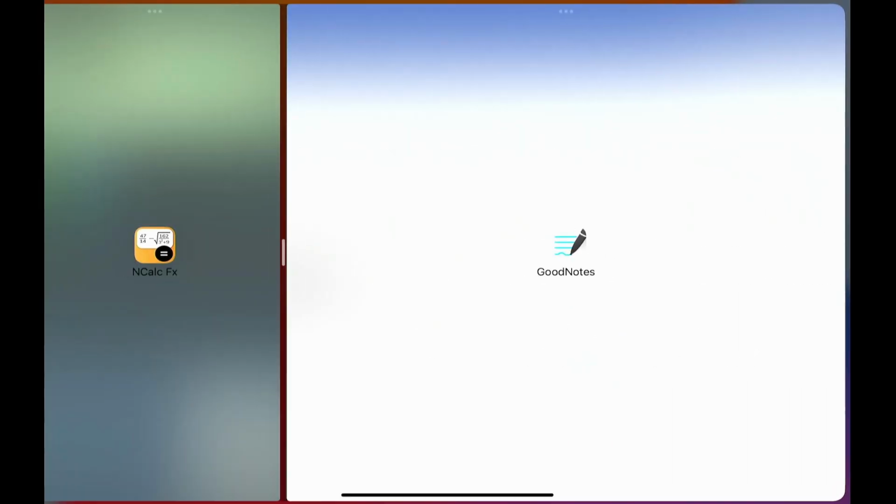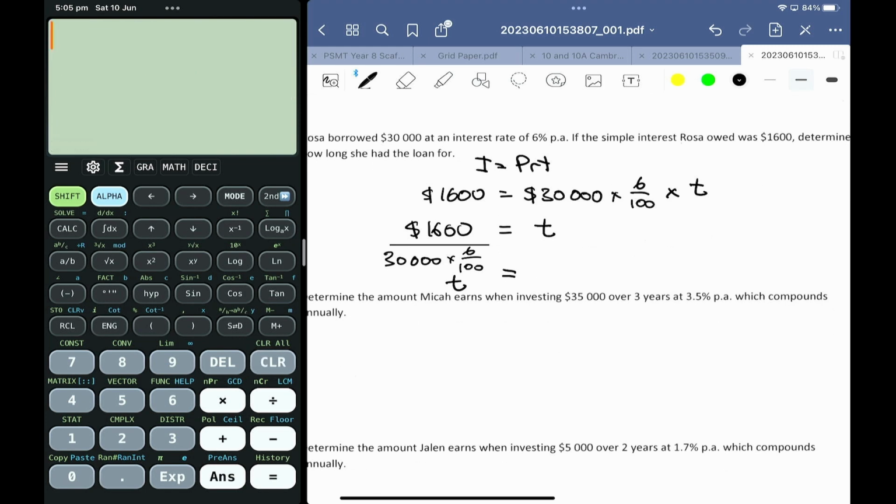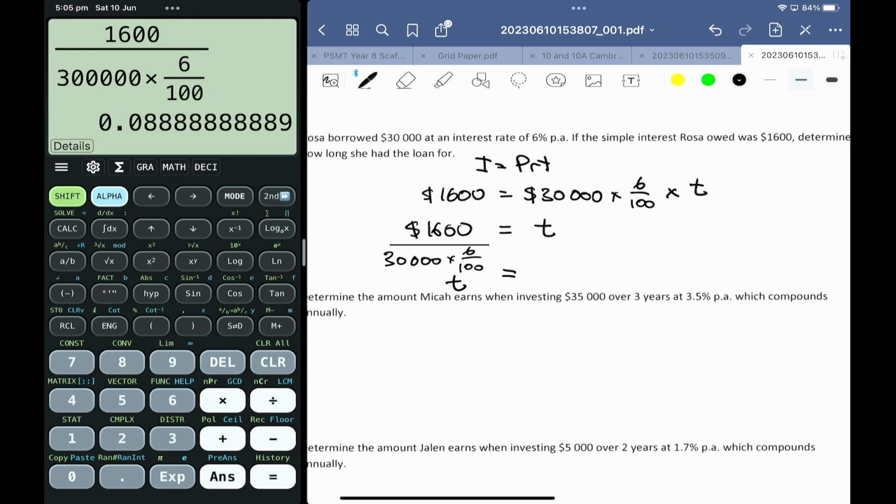Plug this into the calculator, we get 1,600 over 300,000 times 6%, gives us 0.089 of a year.